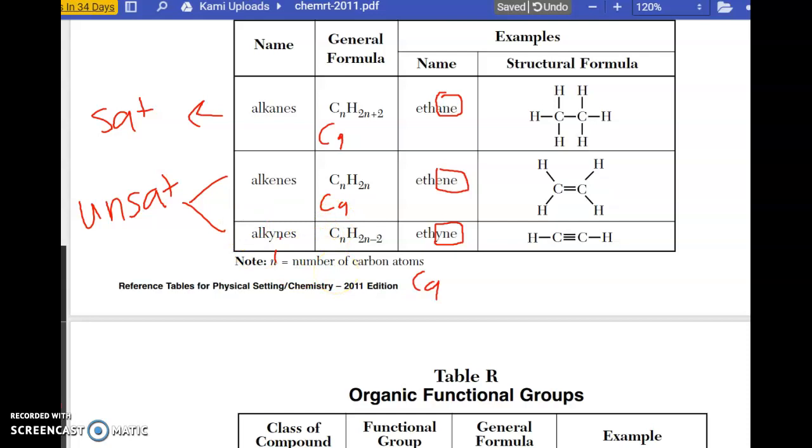I'm going to draw an arrow to show that for all of them, the N is 9. The key thing that tells us whether it's an alkane, alkene, or alkyne is how many hydrogens there are, not how many carbons there are. You can have a 9-carbon chain alkane, alkene, and alkyne.